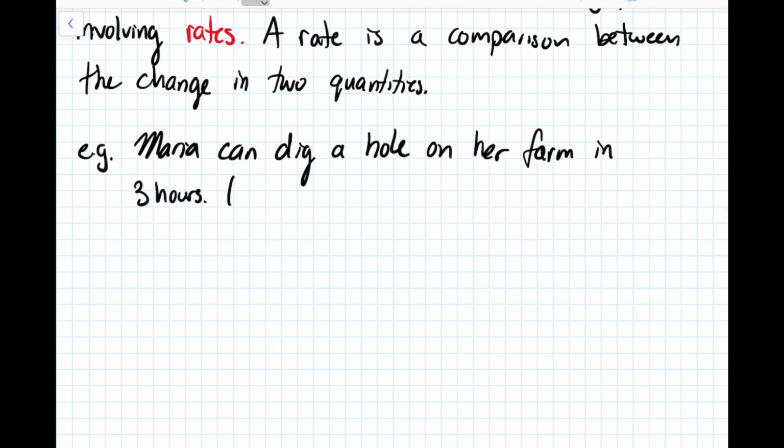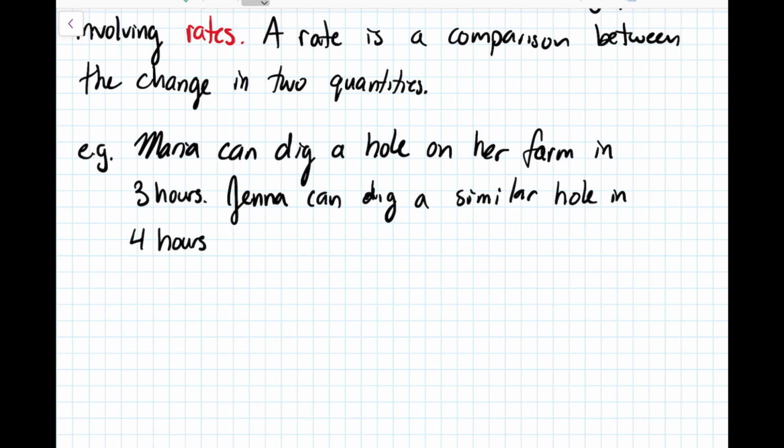Her friend Jenna can dig a similar hole, so maybe they need a bunch of them, in 4 hours. So Maria's a little bit faster. And so what I want to know is how long would it take for them to dig one hole if they were working together?